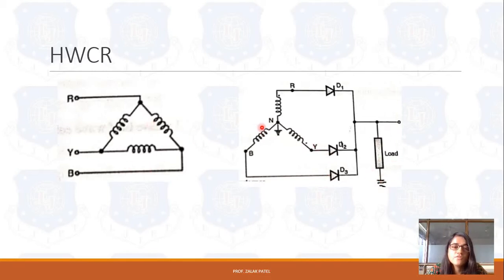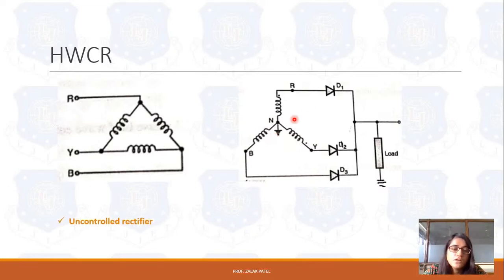For this type of connection, either star or delta, if diodes are connected, then it does not provide any controlling. But if we put an SCR, meaning silicon controlled rectifier, then with the gate terminal it can provide us the controlling operation.